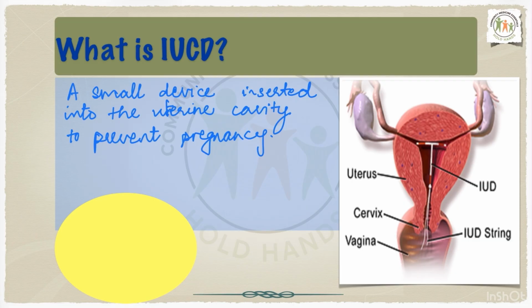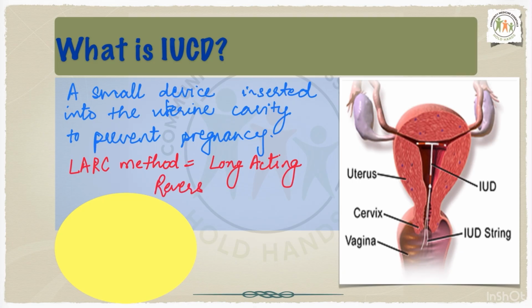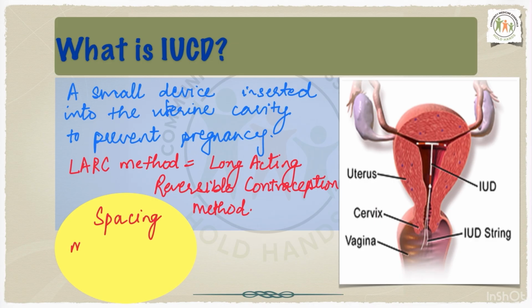It is a LARC method, means it is long-acting reversible contraception method. It is a spacing method. IUCD is a spacing method, not permanent.